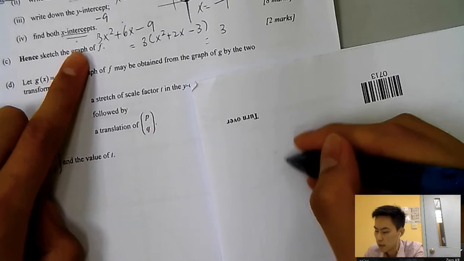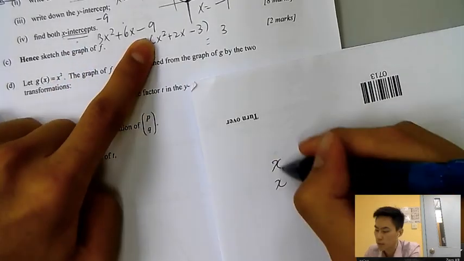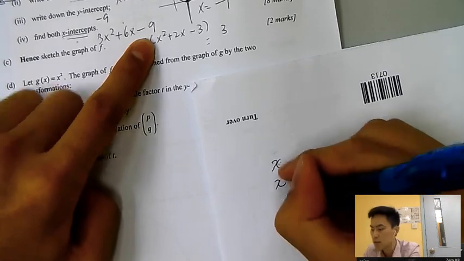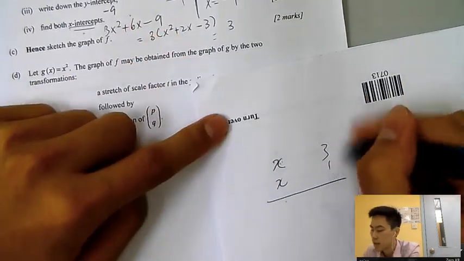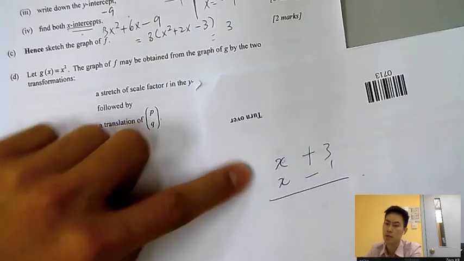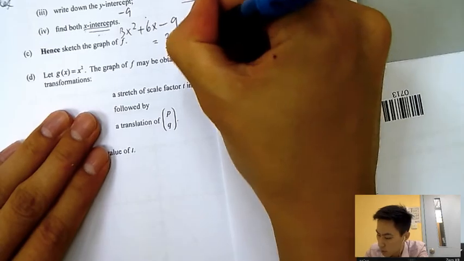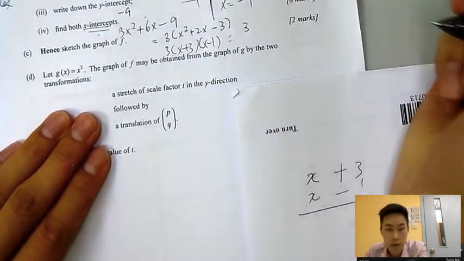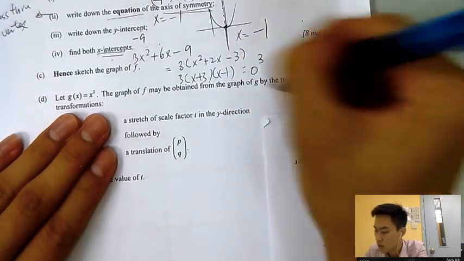Refer to this bracket: x squared can be the combination of x and x, and 3 can be 3 and 1. To get positive 2x, it has to be plus 3 and minus 1. So 3(x plus 3)(x minus 1), right? Okay, so that equals 0, because y equals 0, right?